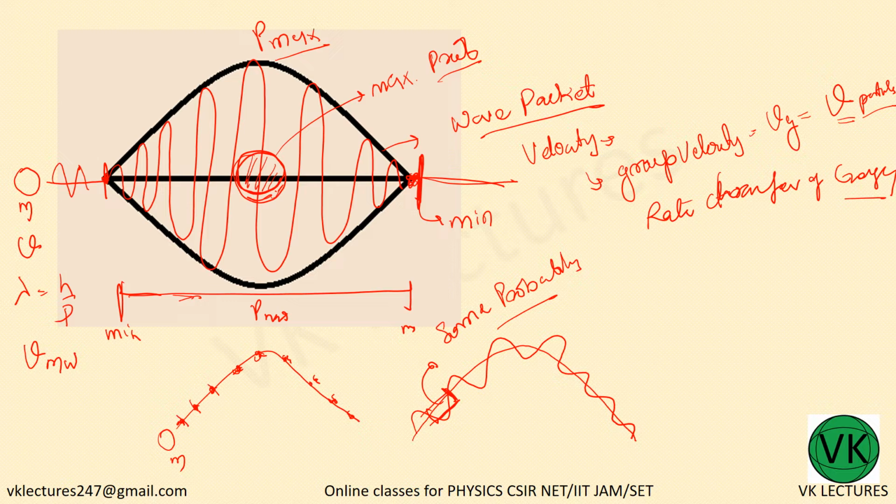So the probability of finding the particle will be maximum at the middle of the interference, and it decreases along both sides. It need not always be this way. For a different wave function it will be different. But here in this case, the probability of finding the particle is maximum at this point where constructive interference takes place.